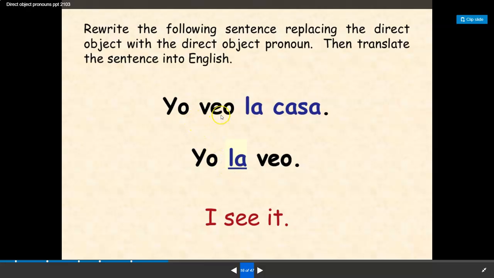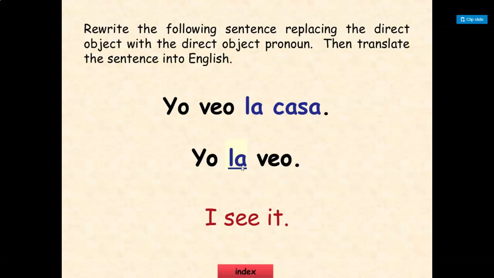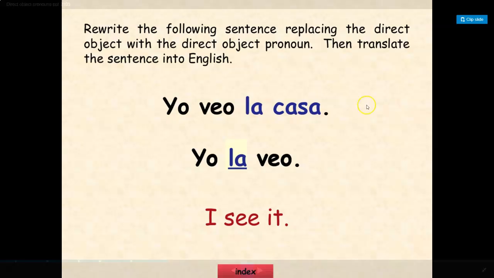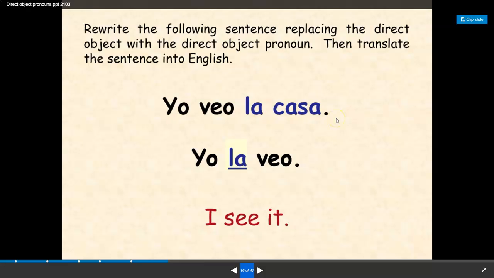So yo veo la casa, yo la veo. I just use my same la because I don't want to kind of figure out what I would use. But if you want to think about it in a different way, you have to figure out which one of your direct object pronouns would replace casa. Casa is singular and it ends in an A, so it's feminine. So my answer would be la.